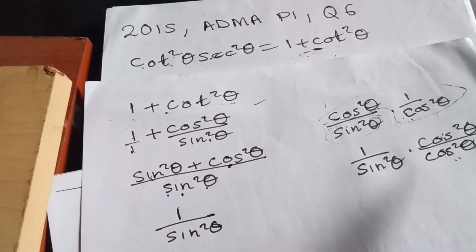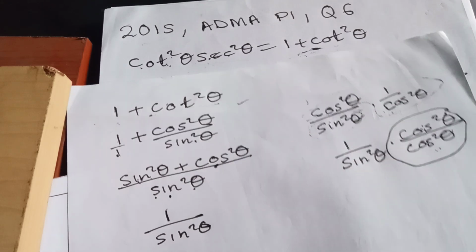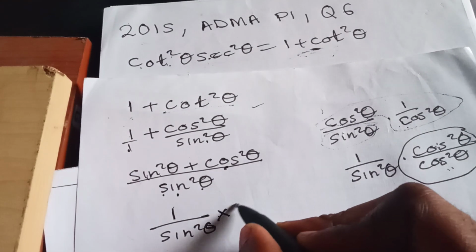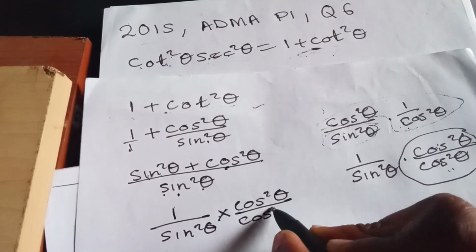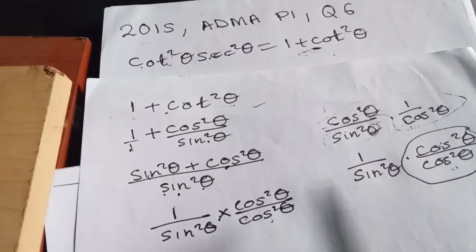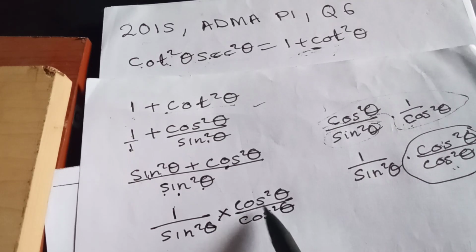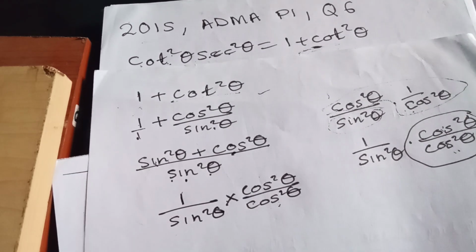So we normally multiply by what some people call a super 1. So you can multiply this by cos squared theta over cos squared theta. The special part about this is it doesn't change anything because this is just the 1. You are dividing and multiplying by the same cos squared theta. So it's the same as multiplying by 1, which won't change a thing.